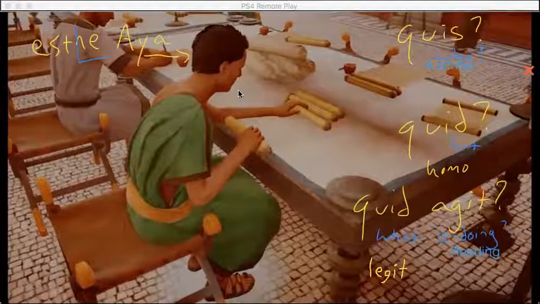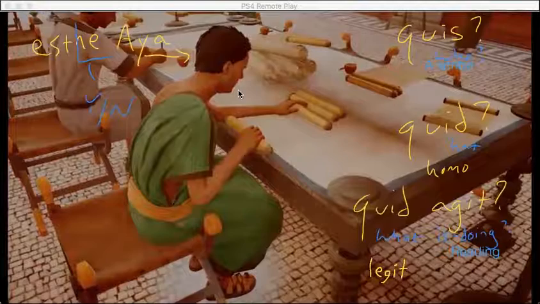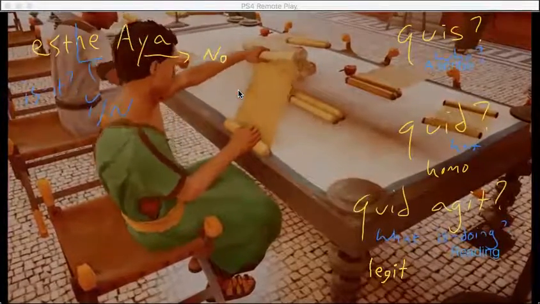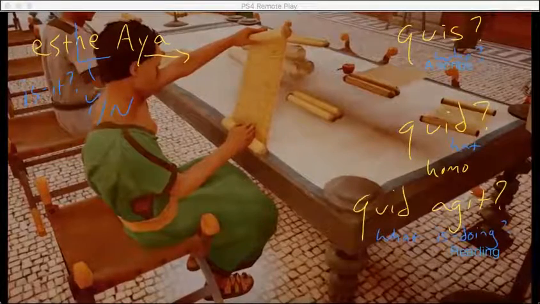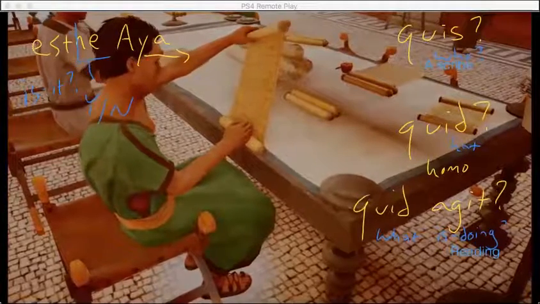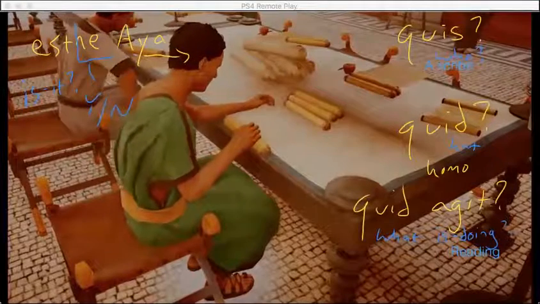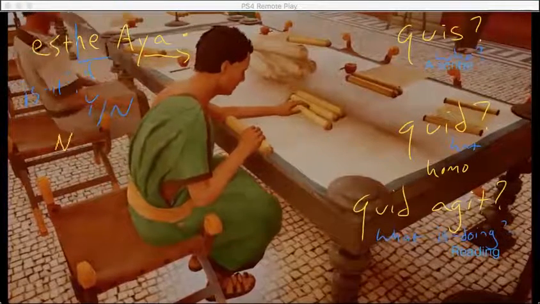It's got a ne at the end of it. That means a yes or no question. So this question is, est ne aya? Is it aya? What do y'all say? Is it aya?